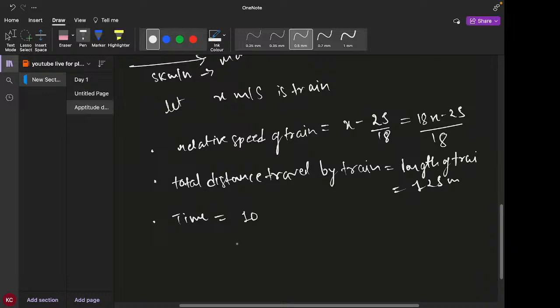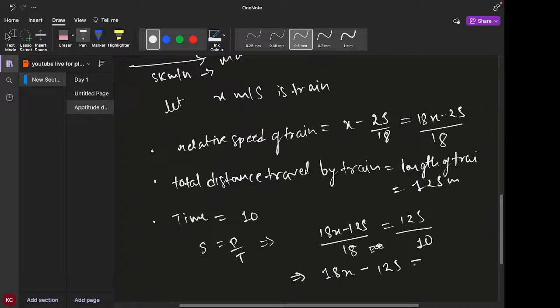So speed is equal to distance upon time, and we require the speed, that is 18x minus 125 by 18, and the distance is 125 and time is 10. Then I have to do this, 18x minus 125.